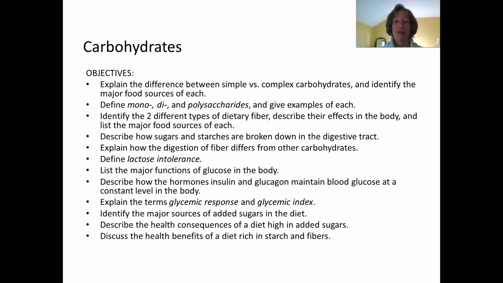And remember, fibers help reduce the absorption of glucose, so they can help modulate the effects of the glucose from being digested from the starch. And we talked about the health benefits of fiber just a minute ago.